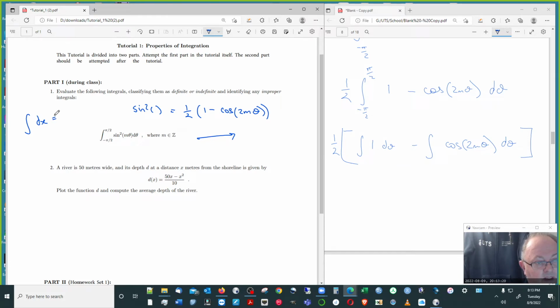So that's like the integral of a number, which is like our integral. The variable's been changed from x to theta. What's the idea there? Well, in here we have a 1. It's just not there.